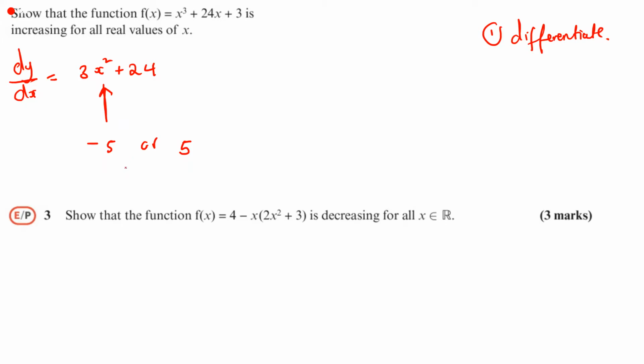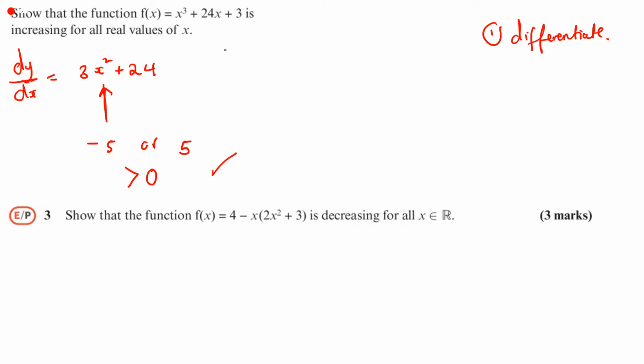The answer is always greater than 0, for all values of x, because minus 5 squared is positive, isn't it? Multiplying that by 3 and adding 24 gives us a larger answer. So it's all positive for any value. And you can show it because in 3x squared plus 24, the x squared means that even if x is negative, we square it and we get a positive. So that's true.